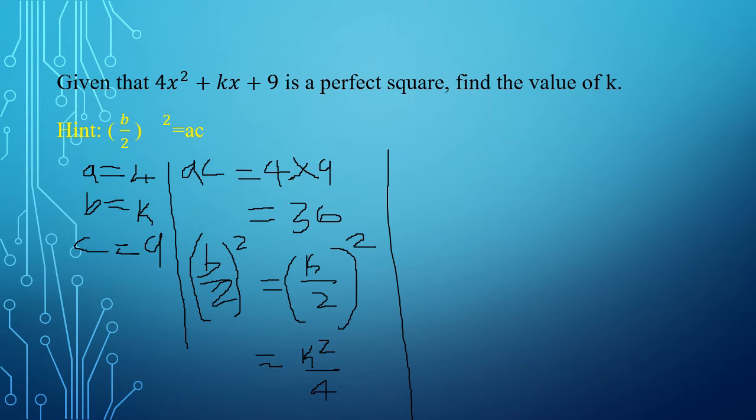And now, equating the two so as to find the value of k, you say that k squared divided by 4 should give you 36. So you multiply both sides by 4.